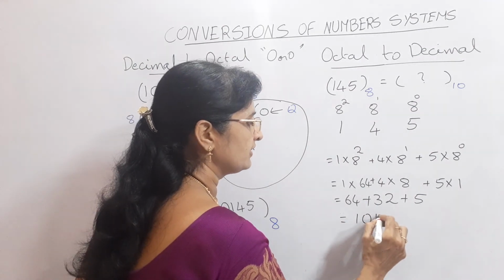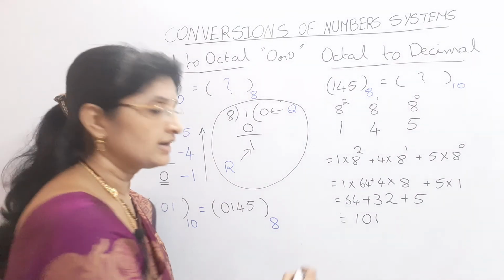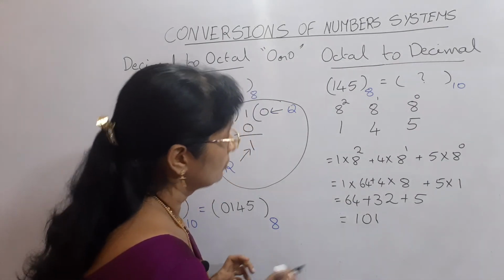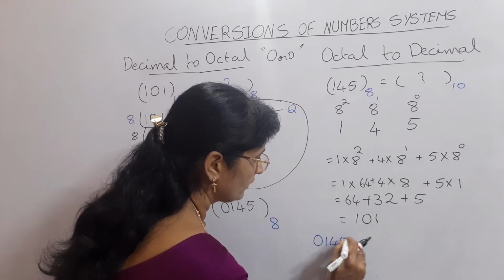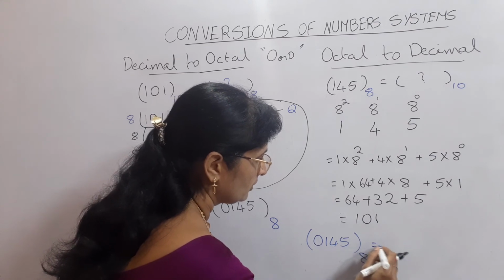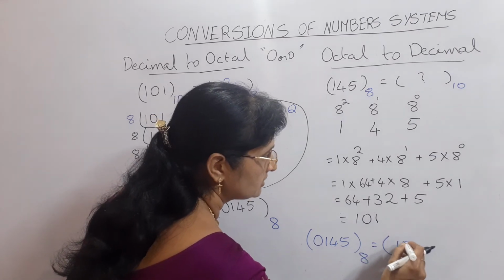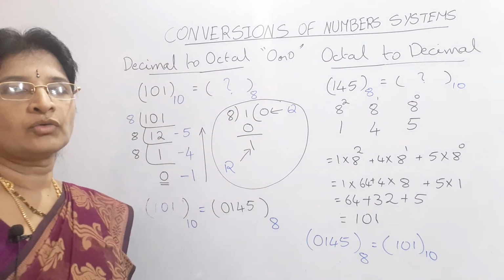Did we get the same number from where we started? Yes, we get the same number. So the answer for octal number 145 is 101. The decimal number is 101.